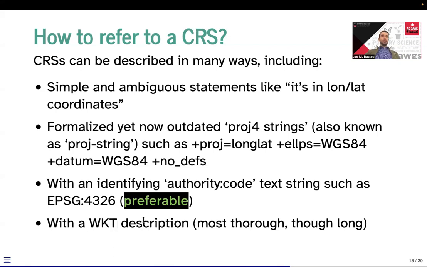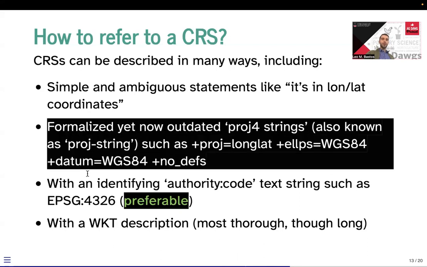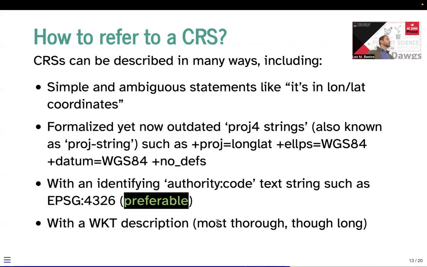This is an acronym that I don't quite remember what it means now, but it can follow a similar idea of a proj4 string, just a lot longer, maybe like 15, 20 lines of code. It is the most thorough, but it is still long, so it's not very easy to refer to. I'm exposing you to all these, especially the last three, because you may come across these as you Google things, so I want you to be aware. For the most part, and for this class especially, we're going to be using EPSG codes to refer to different CRSs.